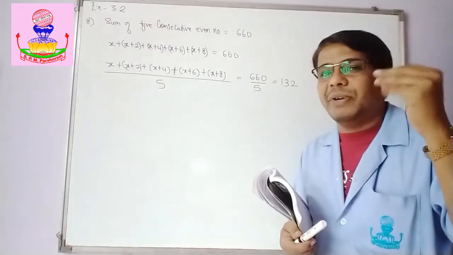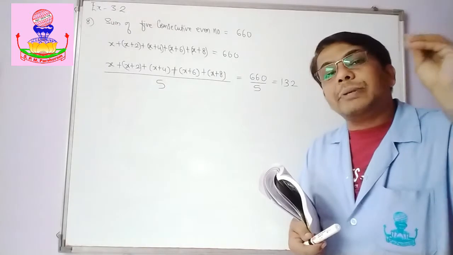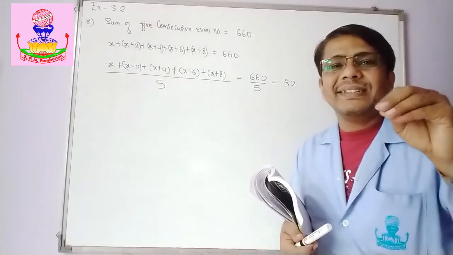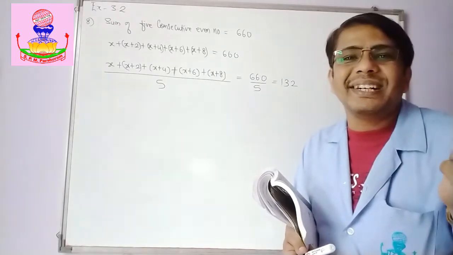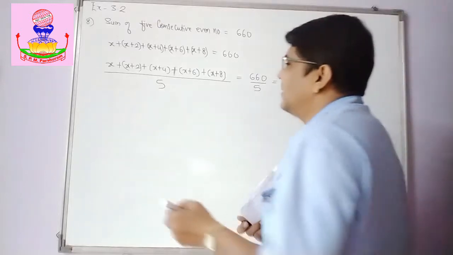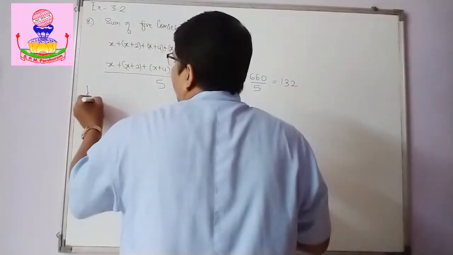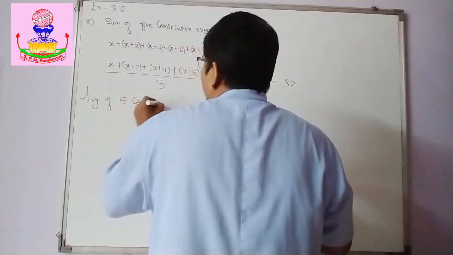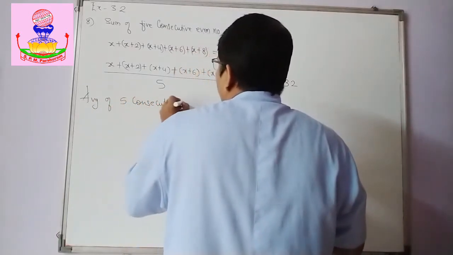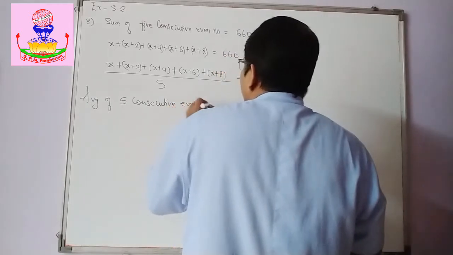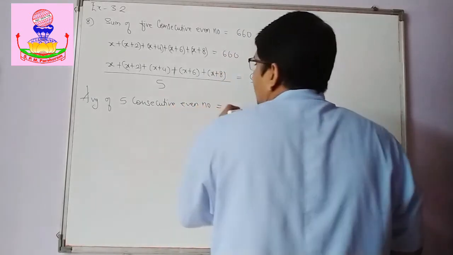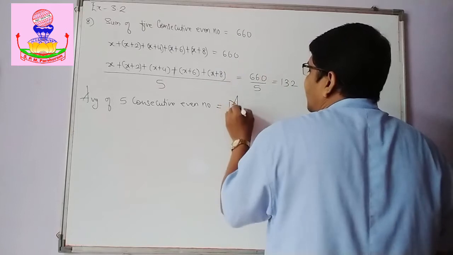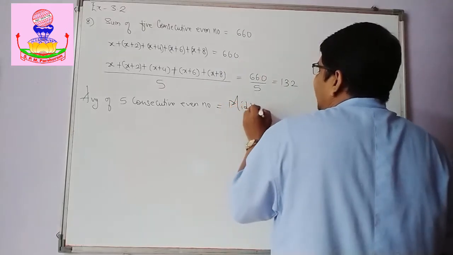And I have said, if there are 5 consecutive even numbers and their average is given, then that average is equal to the middle number. Right? So the average of 5 consecutive even numbers is equal to the middle number.